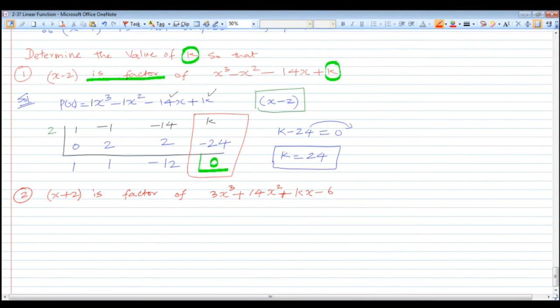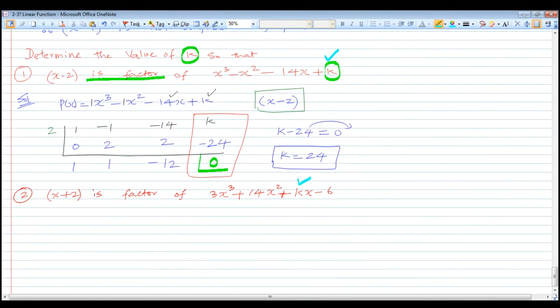Now what is the difference between the last problem and this problem? In the last one, k was in the constant position, whereas here k is in the coefficient of x.